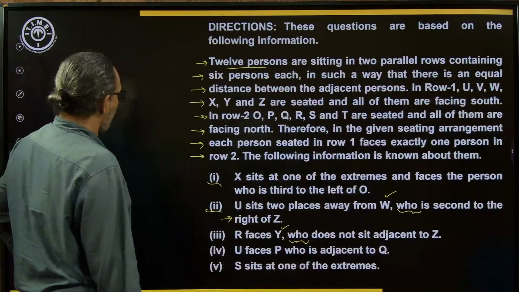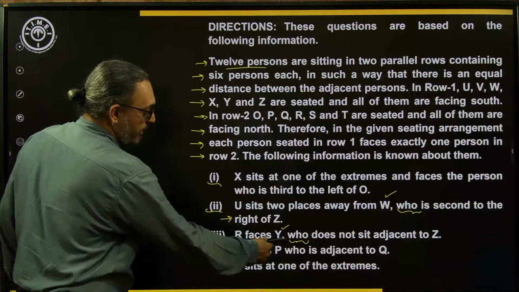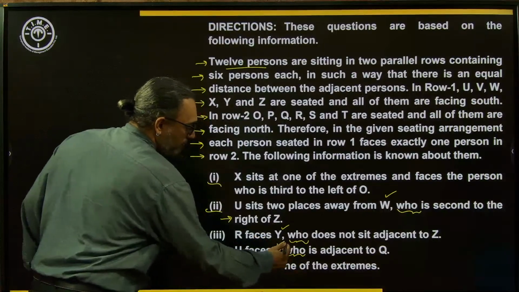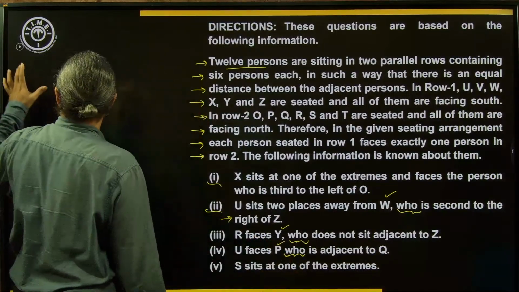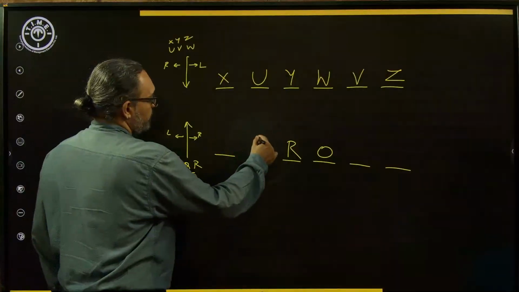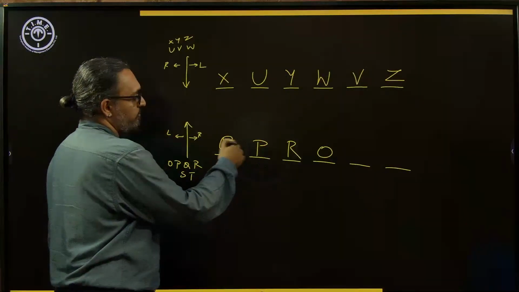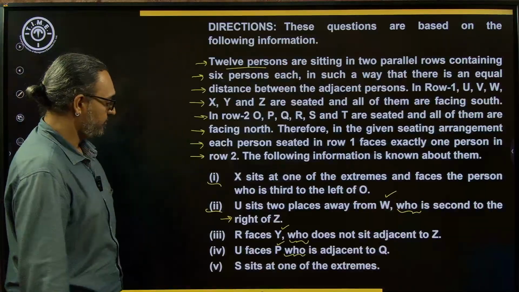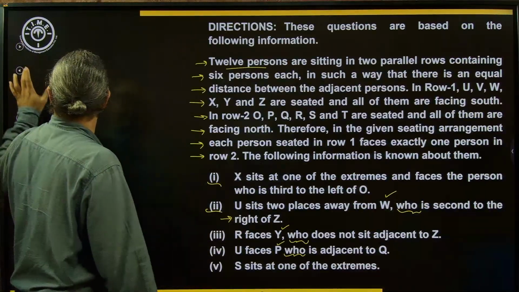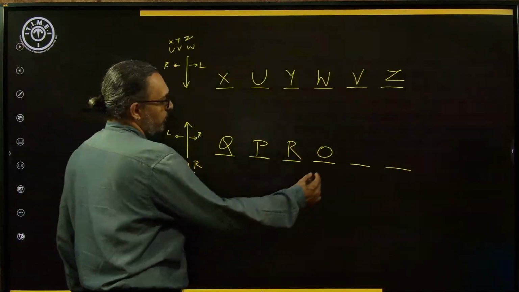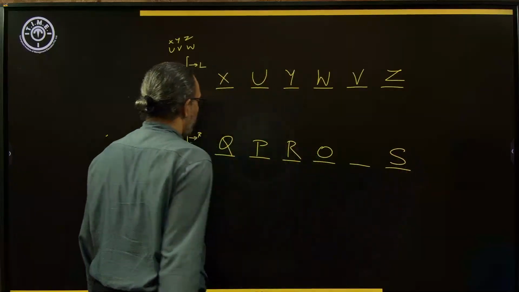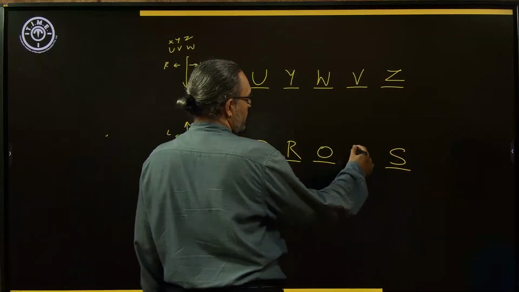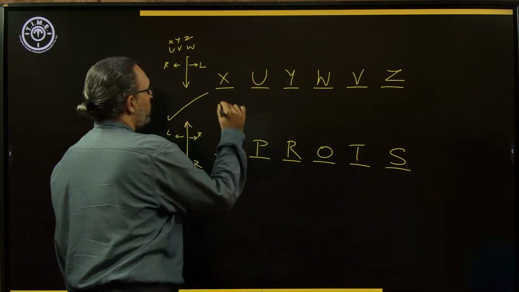Then what else? U faces P, who means P is adjacent to Q. So U is facing P and P is adjacent to Q. So Q will be put here. And then S sits at one of the extremes. So S is sitting at one of the extremes. And then the remaining person is T. So that concludes your arrangement.